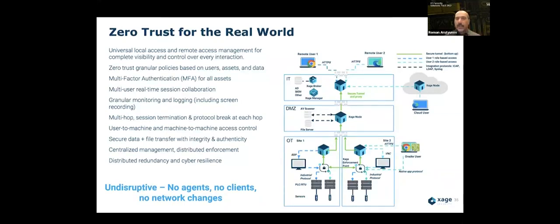So access can be created based on specific policy for that user, meaning that user will only see assets that are enabled for that specific user by policy and no other assets. So an employee may see a broader set of assets versus a contractor who only needs to perform work on a specific PLC will only see the specific PLC in their list of assets that are available to them.